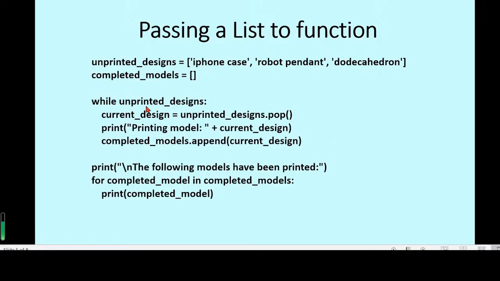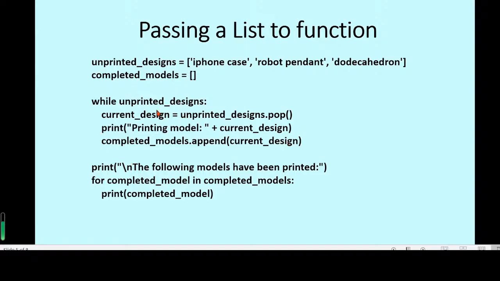So while unprinted designs, if there's any element left in unprinted designs, then we pop out this element, the last element in this list, then set it to current design. Then we print a message, printing model, printing this current design now. Then we append this current design to the completed models list we created here.